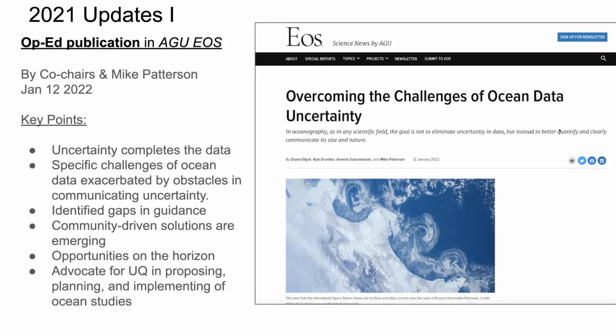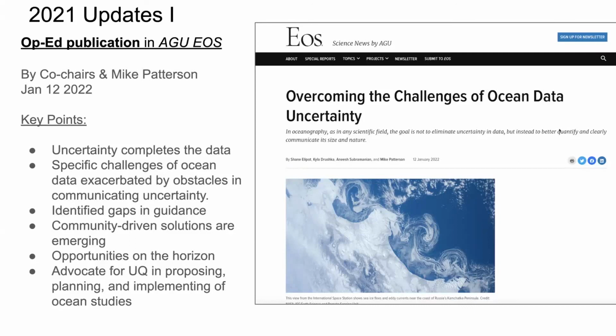Those challenges are exacerbated by obstacles, such as problems in communicating uncertainties between various oceanographic insular communities. If you're talking about a satellite oceanographer and an in situ observationalist, they may have different definitions of errors, especially when you compare data from satellite and in situ, and you have representation errors, et cetera.